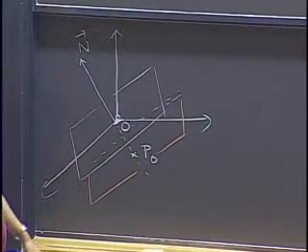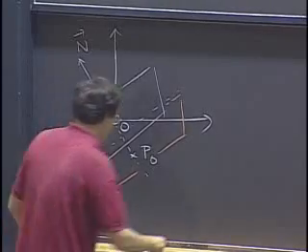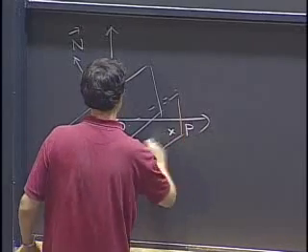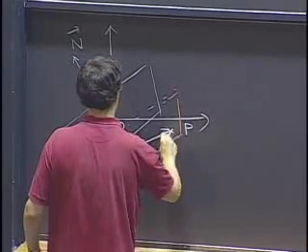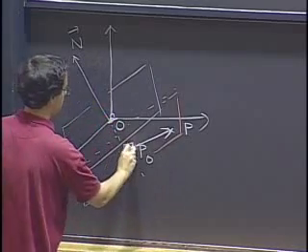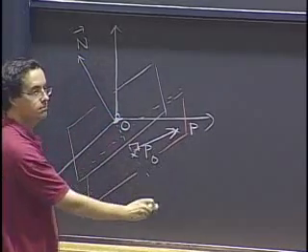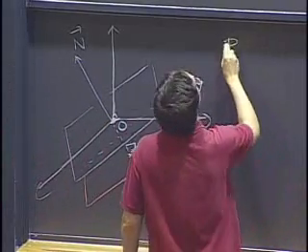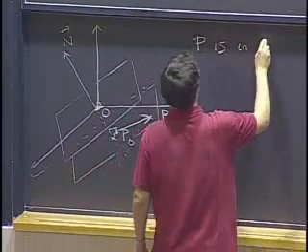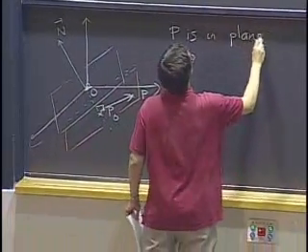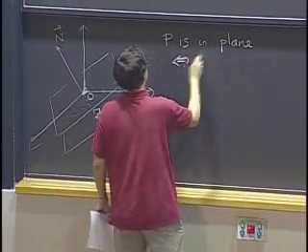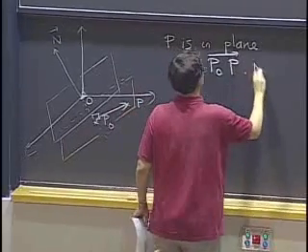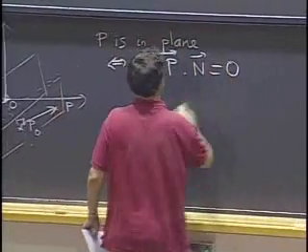Okay? So how are we going to do that? Well, now, for a point P to be in our new plane, we need the vector no longer OP, but P0P to be perpendicular to n. Okay? So P is in this new plane if the vector P0P is perpendicular to n.